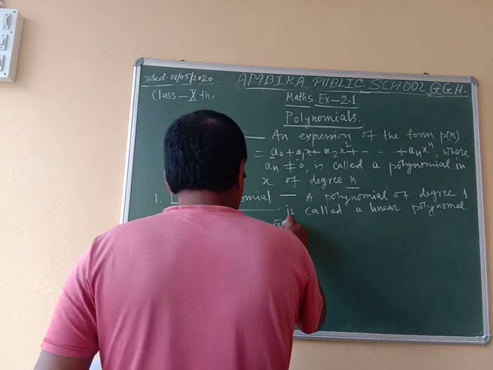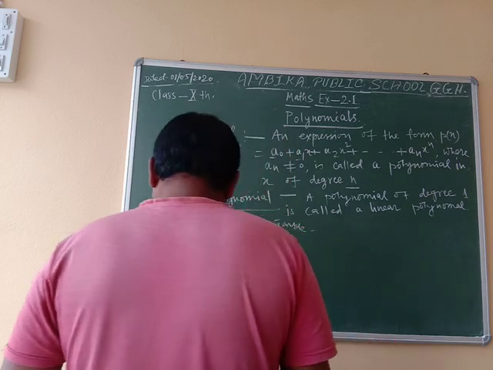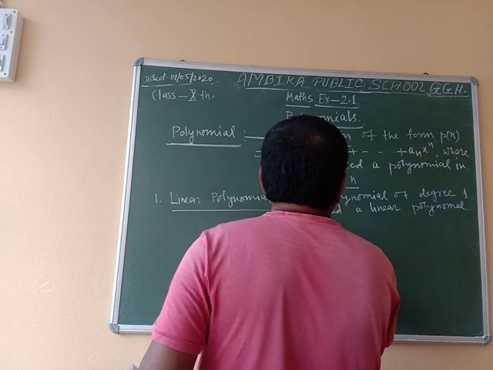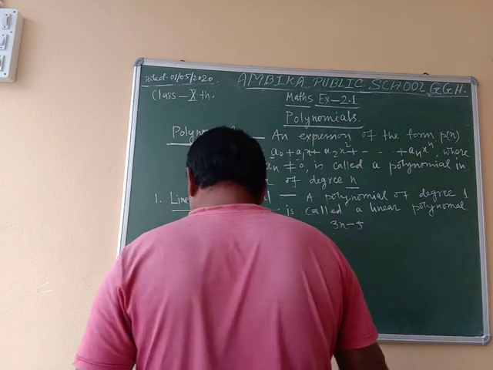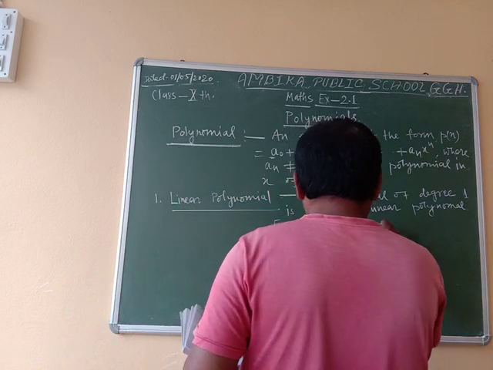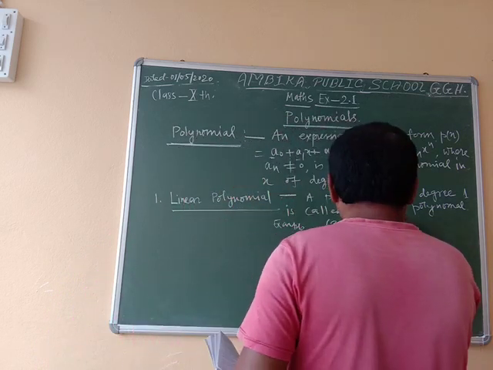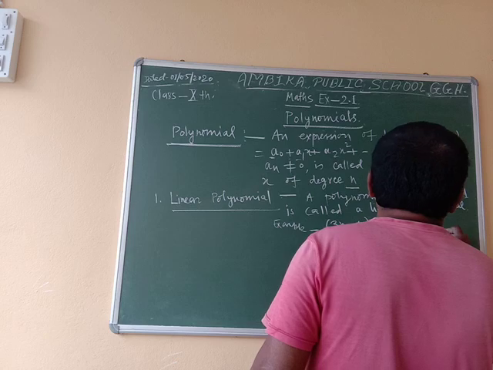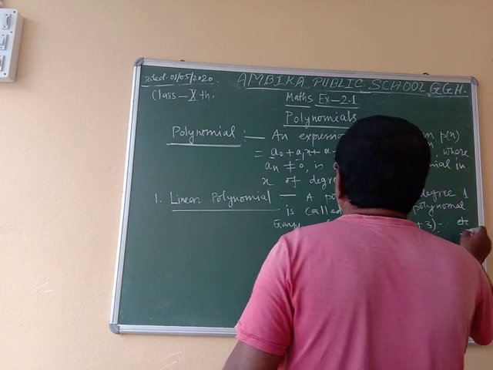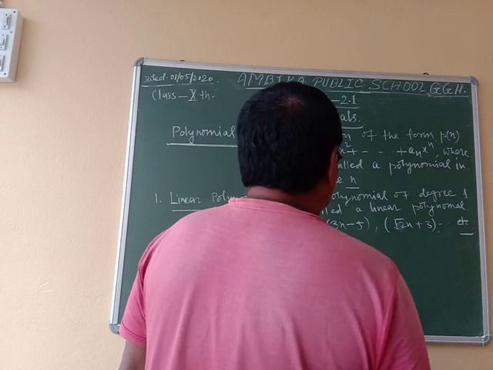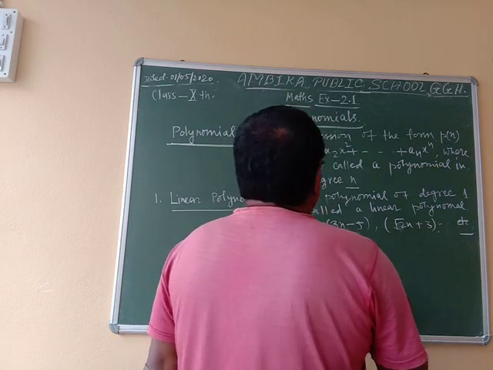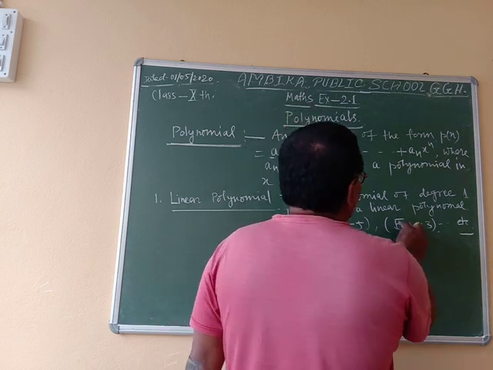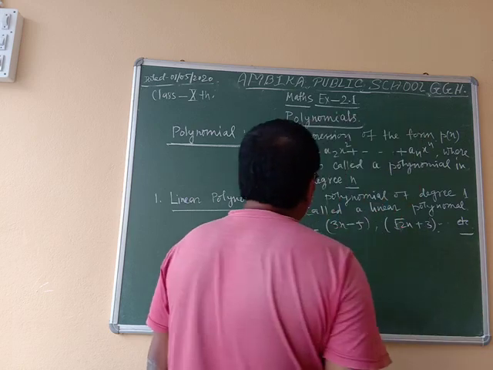Example: 3x − 5, √2x + 3, etc. Here we see that the exponent of x is equal to 1, and so it is a linear polynomial.